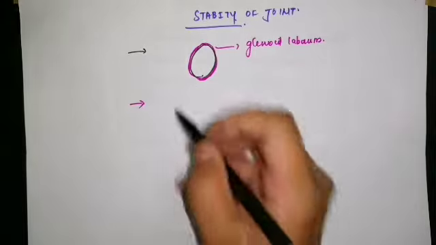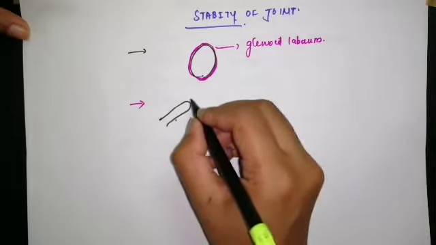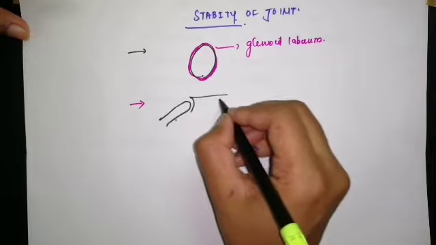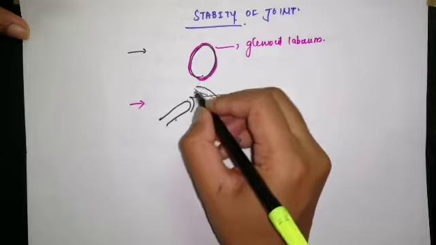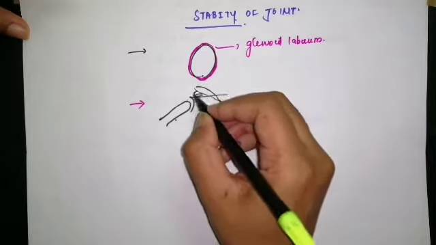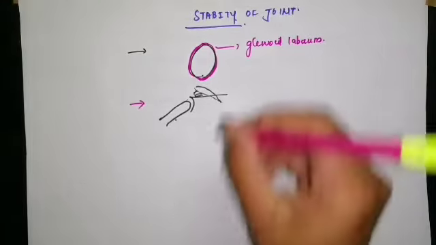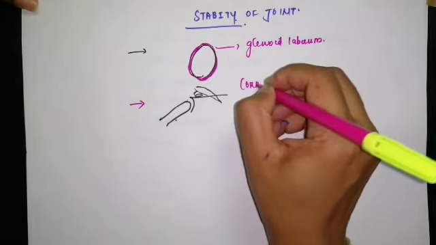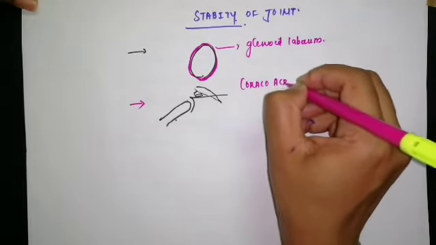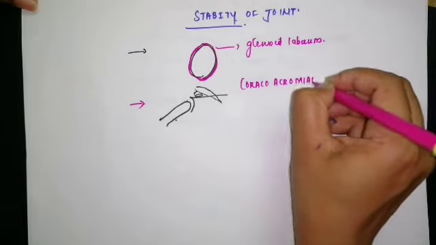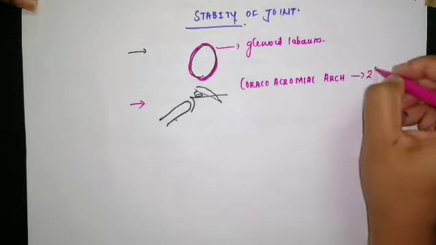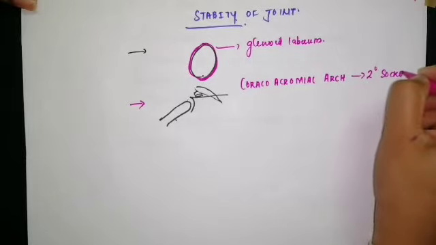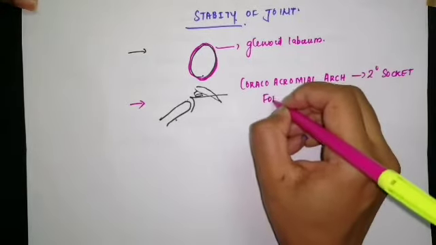And we see that this is the joint. There is a coracoacromial arch which is found here. The coracoacromial arch acts as a secondary socket for the humerus during hyperabduction.